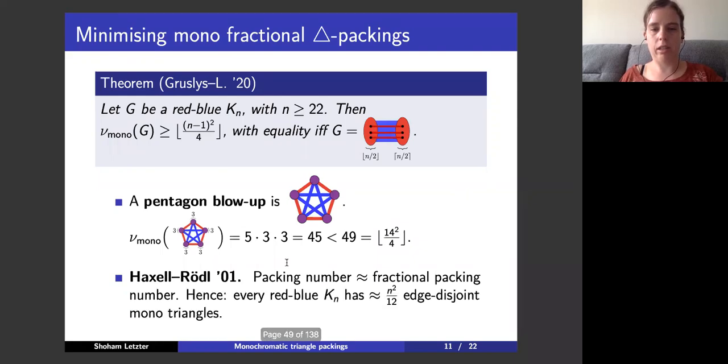Using this, we get the conjecture: since here we have a fractional packing that covers roughly n²/4 edges, the same holds for the integer version, and that works out to be n²/12 edge-disjoint monochromatic triangles. Okay, so now I want to start heading towards the proof.